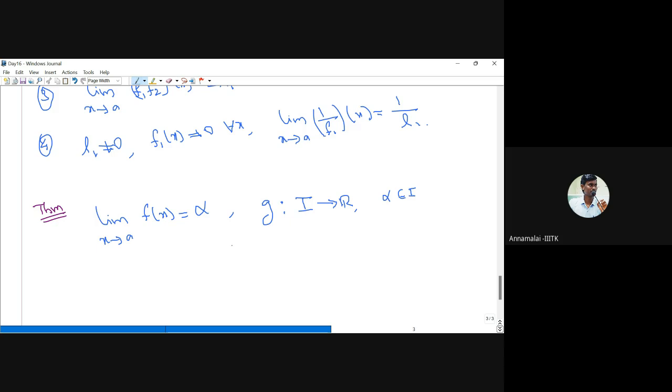Now we suppose g is a function defined on this interval containing alpha and continuous at alpha. So we have a continuous function g at the point alpha.